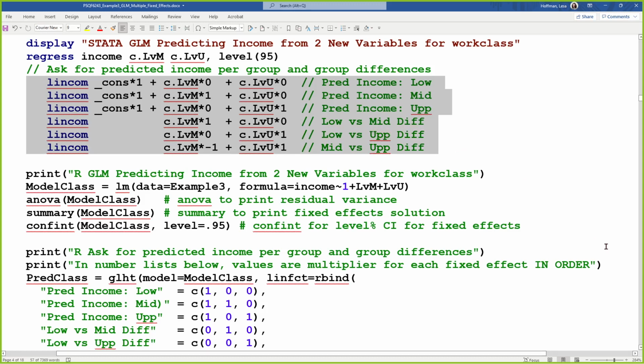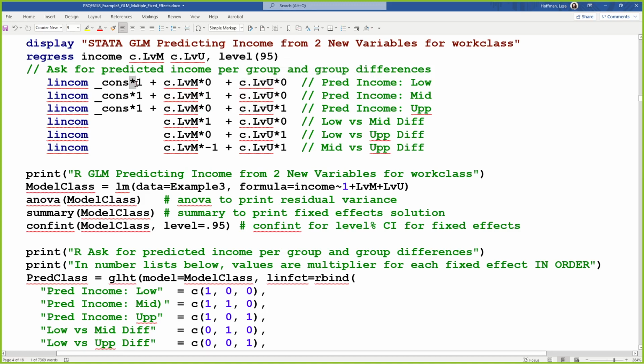Each of these is a linear combination of the model fixed effects, where the fixed intercept is underscore CONS. That is what beta 0 is going to become. This variable for L versus M is what beta 1 is going to become. And the variable for L versus U is what beta 2 is going to become.